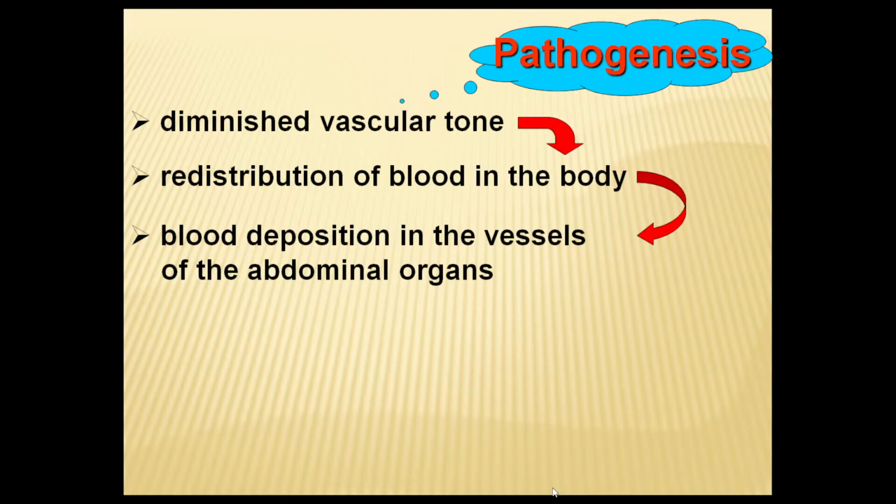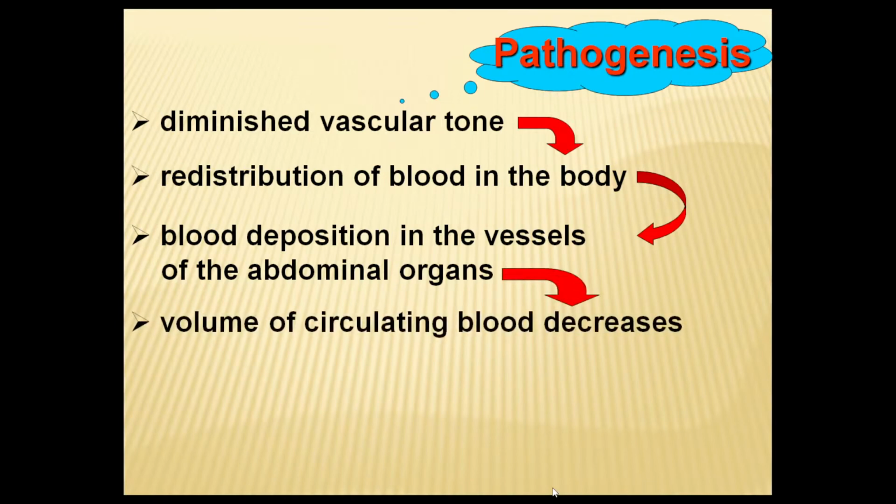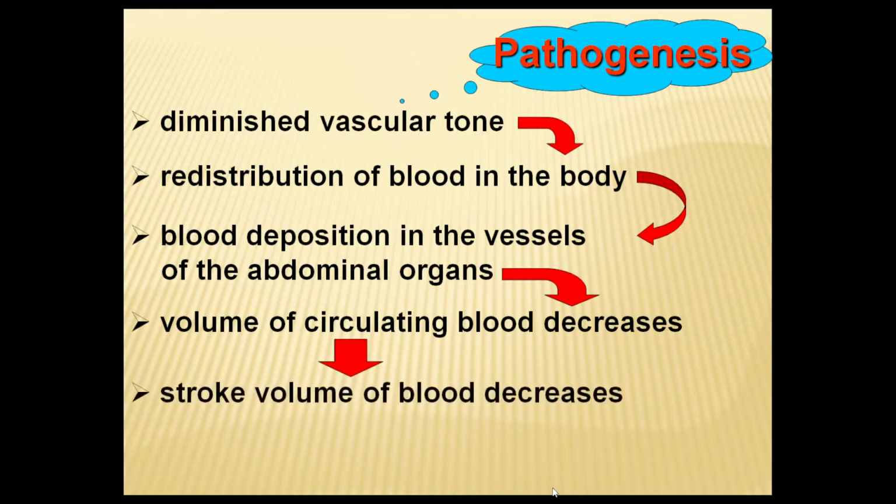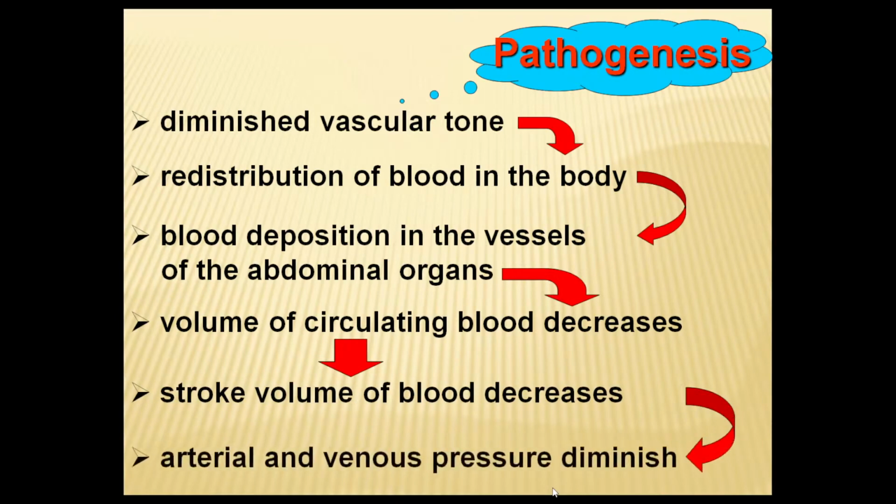Vessels of the central nervous system and brain become empty. If blood is delayed in peripheral vessels, it cannot adequately come back and cardiac output decreases. Volume of circulated blood also decreases. Stroke volume progressively decreases from one contraction to the next. As a result, blood pressure, both arterial and venous, diminishes.